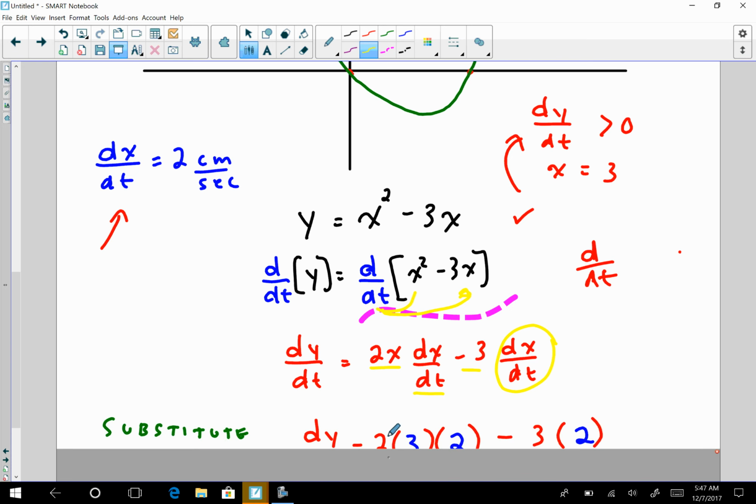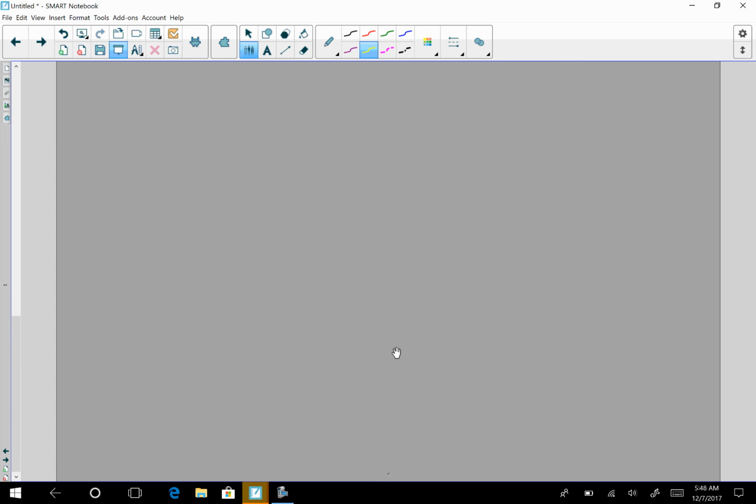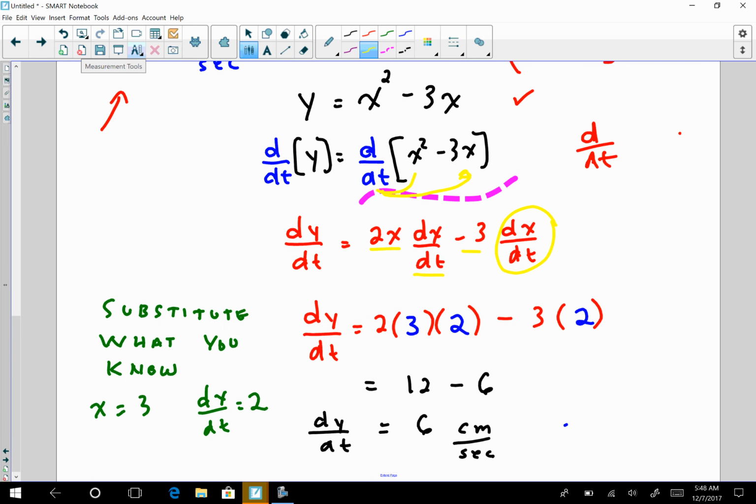Now, all I have to do to finish this problem is substitute what we were given. What were we given in the problem? We were given that x was 3 and that dx/dt was equal to 2. Wherever I see a dx/dt, I'm going to put a 2. I see one there, and one there.